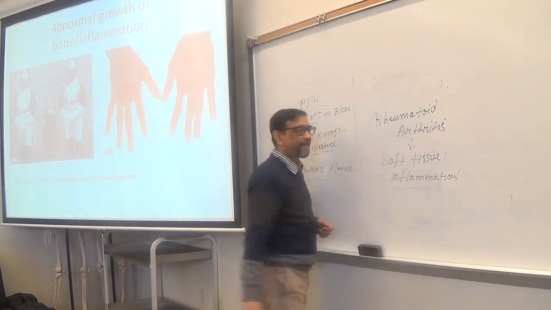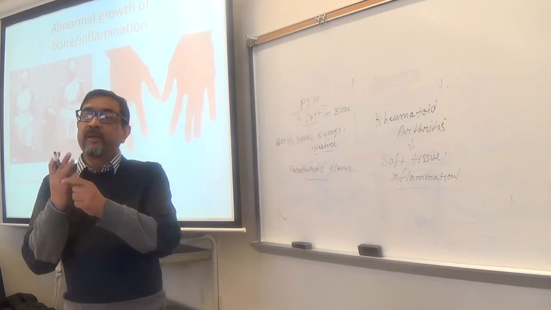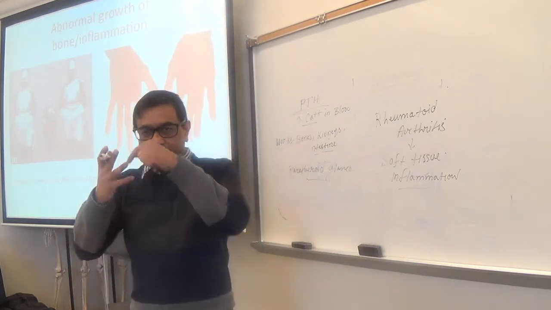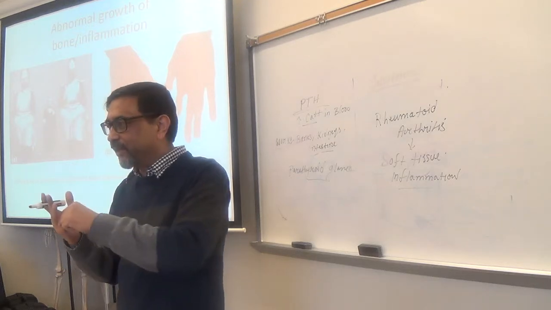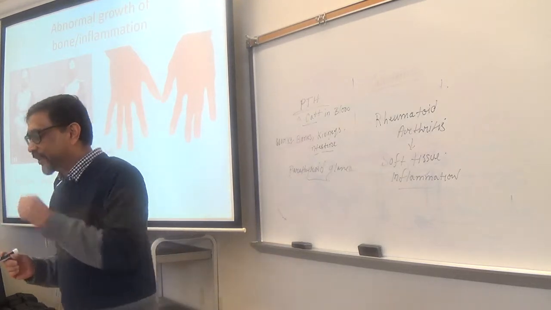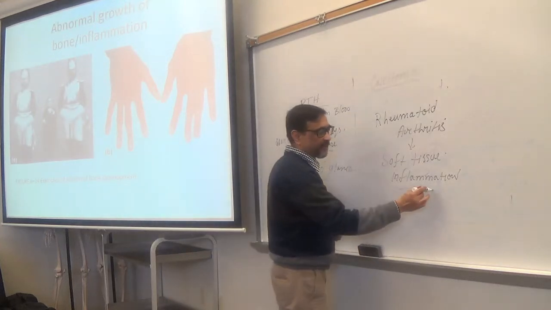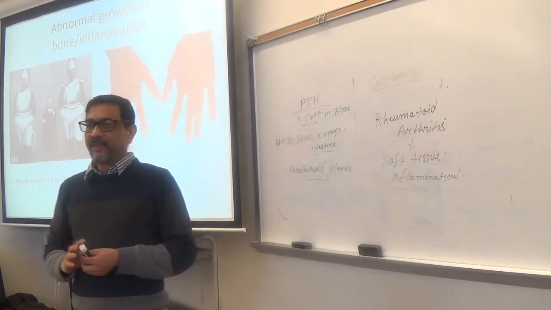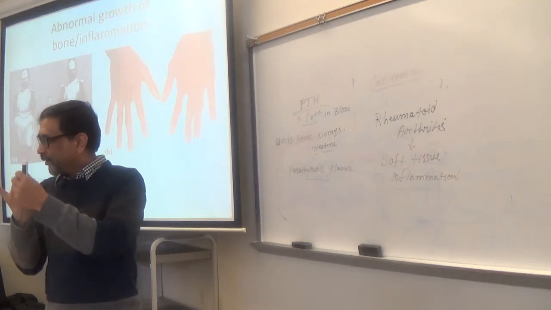Okay? That is called rheumatoid arthritis. Not bones, the soft tissue like capsule, right? You have capsule in the joint, you have ligaments, right? Tendons, those are soft tissues. Bones are hard. So that is rheumatoid arthritis. And you have probably seen rheumatoid arthritis patient. It's a swelling, redness, right, and severe pain.